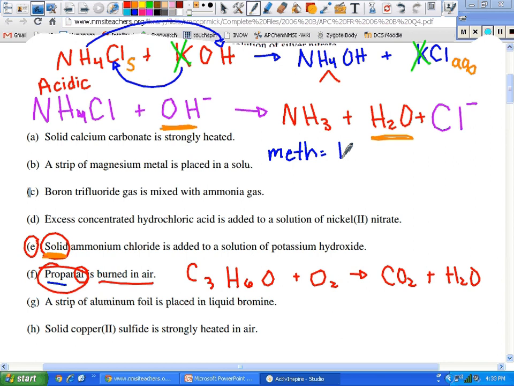Sorry, this is eth, not bute, and then bute is 4. It's like butanol. Dang it, I am messing it up. So bute is 4. So it's C4.